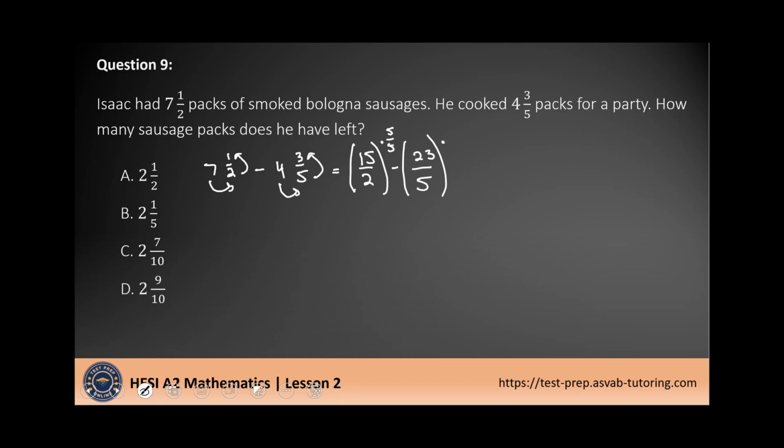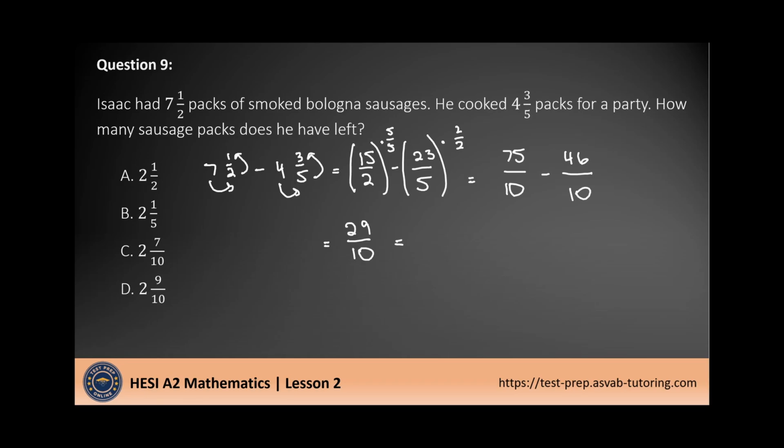Multiply the second fraction by 2 over 2. 5 times 15 is going to be 75. 2 times 5 is 10. 23 times 2 is 46. 5 times 2 is again 10. 75 minus 46 is going to equal 29 over 10.